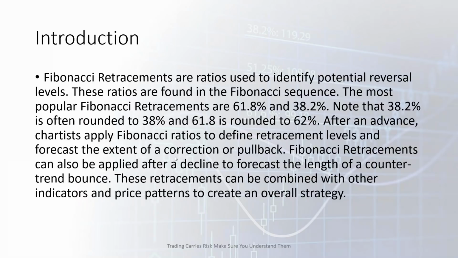Well, it helps us, but if you notice, we talked about 38.2 and 61.8, and we talked about 38.2 being rounded off to 38 and 61.8 being rounded off to 62. Well, if you're trading in pips and trading leverage with euros, and you're trading in a couple pips, and we've rounded things out, well, guess what?